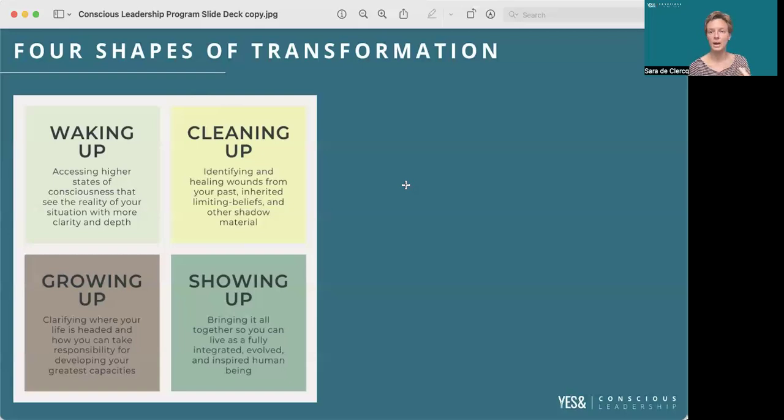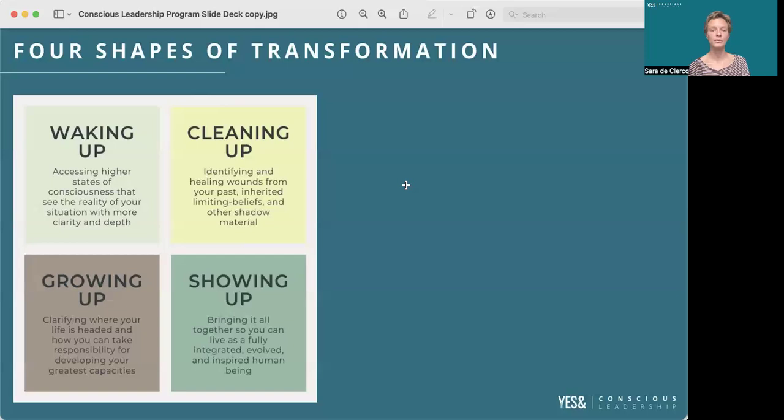Now, of course, this is a spiral. The more we are able to show up more fully as ourselves, the more we probably will bump into some material that needs some growing up, whether relationally, business-wise, within ourselves, could be anything, which requires us to grow up more. So it requires us to look at that, which probably has to do with cleaning up again.